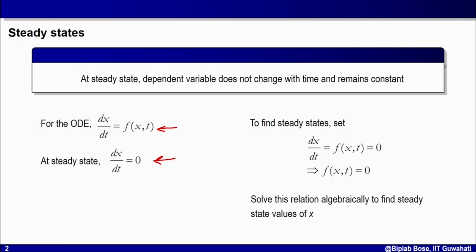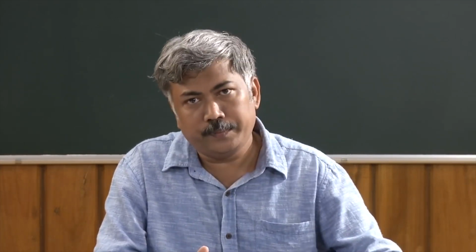To find the value of x for which we have steady state in this system, as we have discussed earlier, we set dx/dt equal to 0. That means f of x and t is equal to 0. This comes from the ODE defined here. Once I have f of x and t equal to 0, I can solve this algebraically and find the value of x for which dx/dt is 0. That is our steady state.